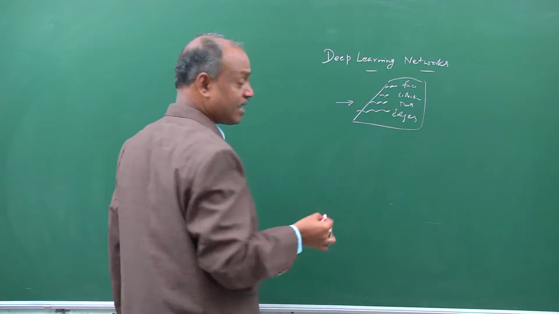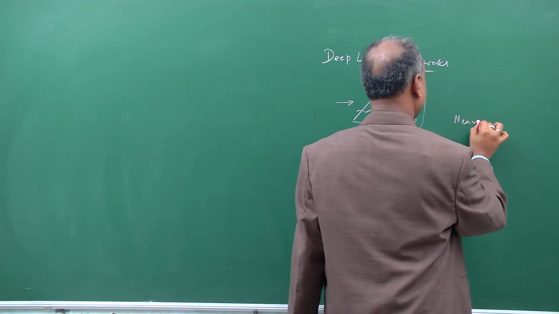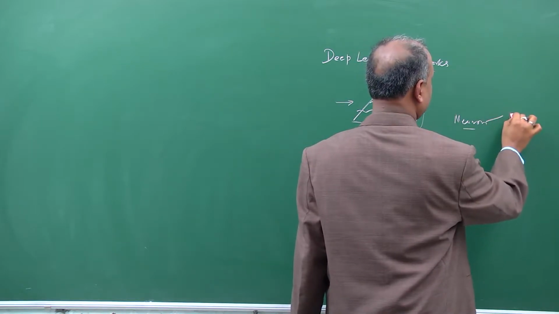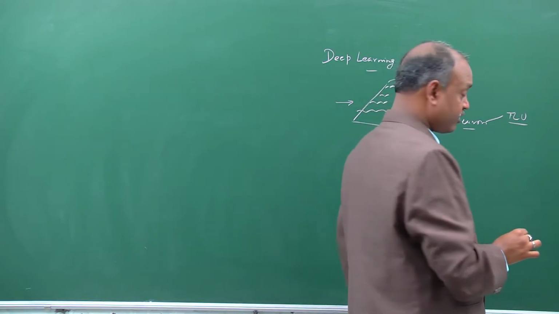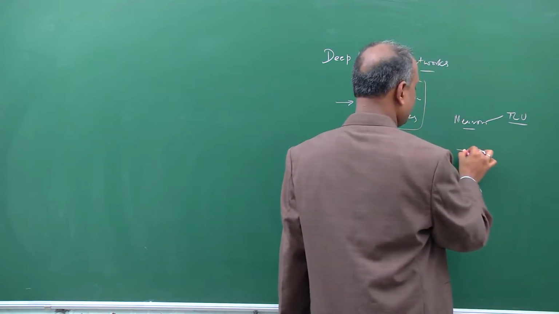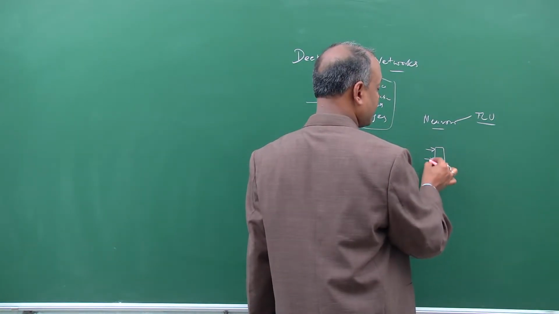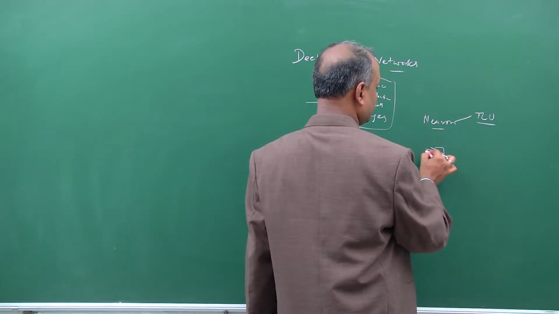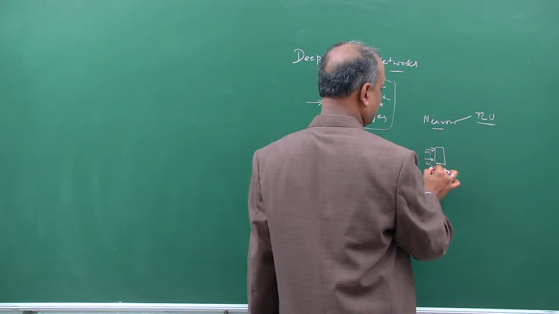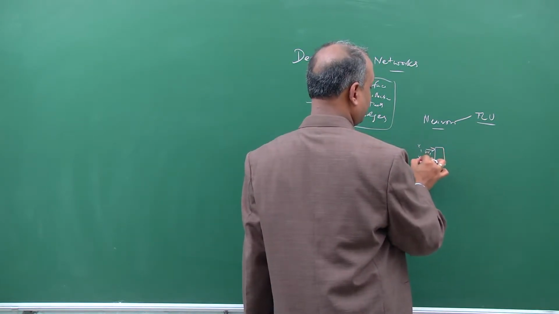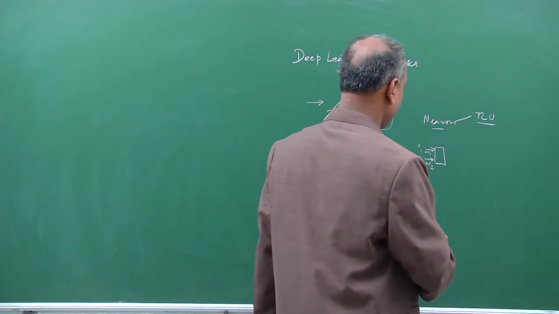Any neural network, as you know, is made up of a collection of neurons. Each neuron is, as we saw, like a simple TLU or a variant of that, threshold logic unit. So typically, every neuron will get multiple inputs, and each input is connected by an arrow with a weight.